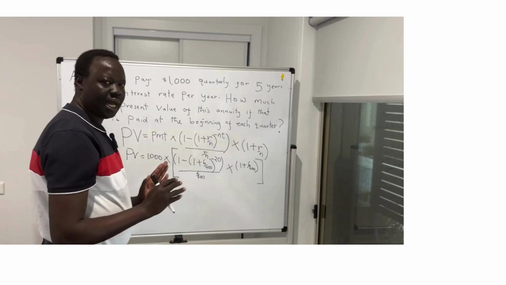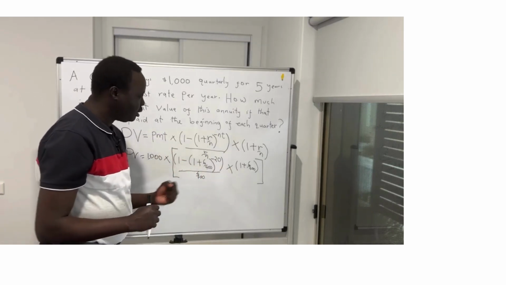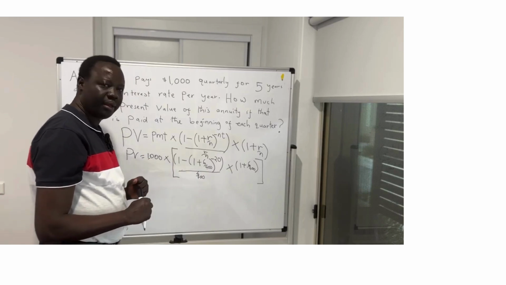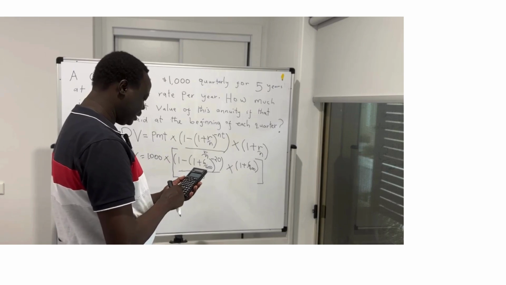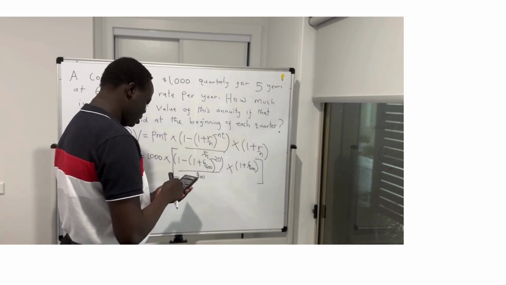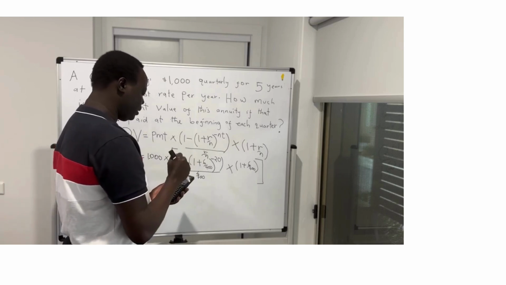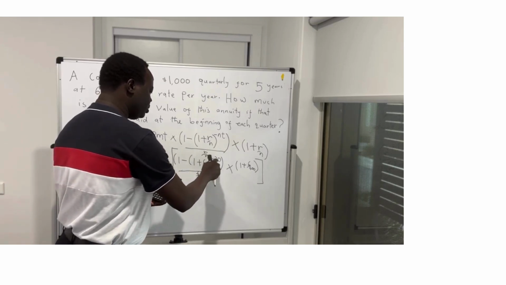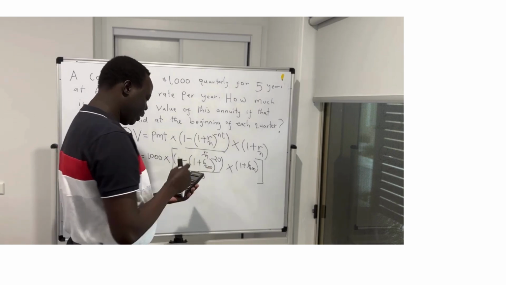So next is to use our calculators to find the values here and multiply by this. Open parenthesis 1 plus 6 divided by 400, and then close parenthesis like that, raised to the power of negative 20.